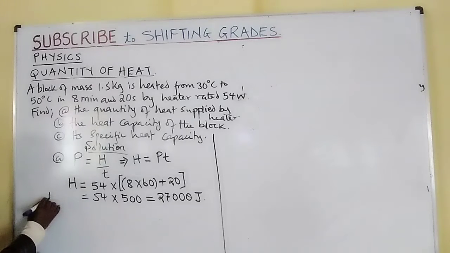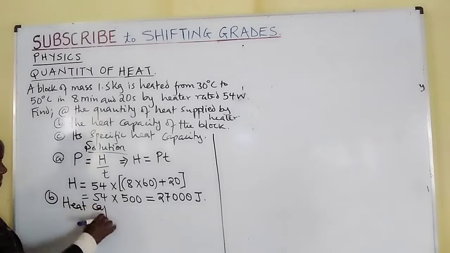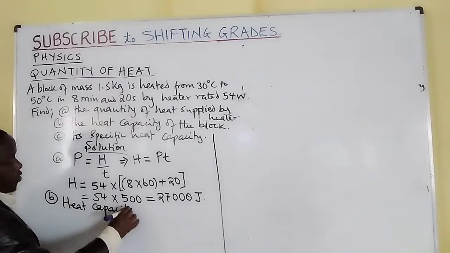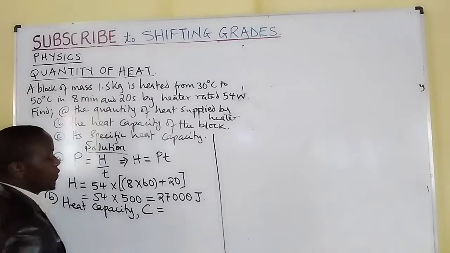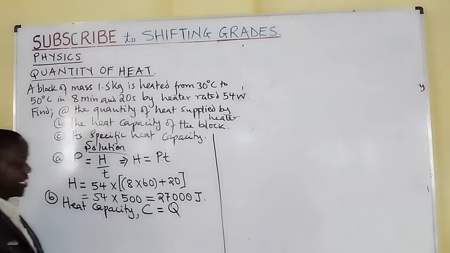Part B of the question. The heat capacity of the block, capital C. We say that it is given by the energy which has been given.